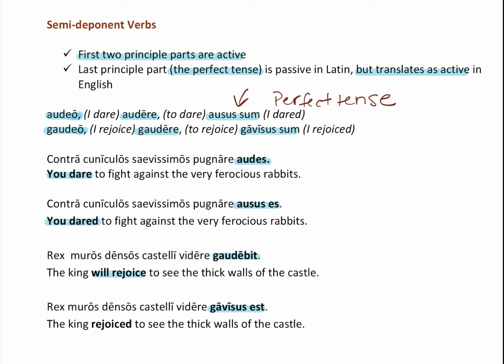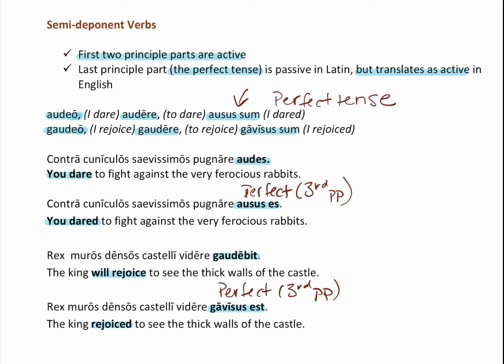So I'm going to label these. This is perfect. And so it uses the third principal part, but not the regular perfect endings. Again, perfect uses the third principal part, but does not use the regular perfect endings. So the king rejoiced to see the thick walls of the castle.